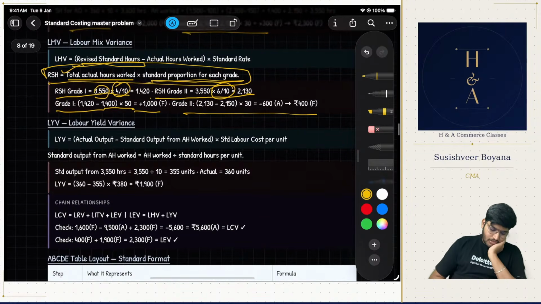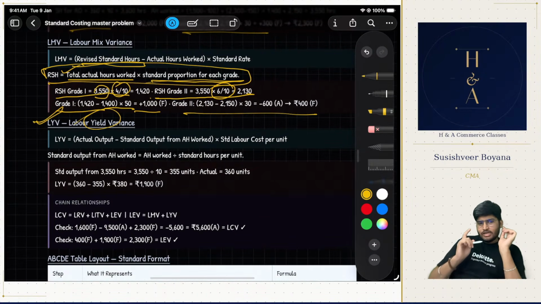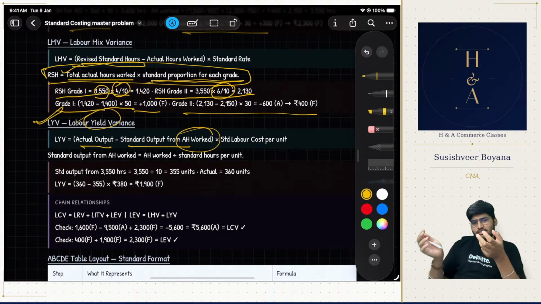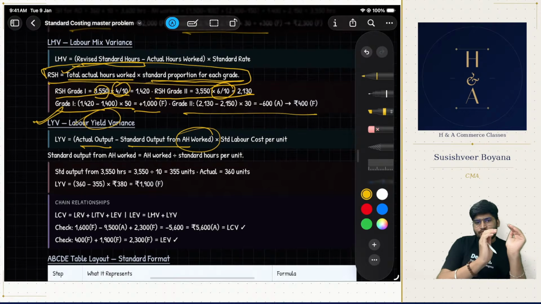Labor yield variance. When we're talking about yield, it is always based on output. We already spoke about it. Yield is always for the output. Actual output minus standard output from actual hours worked. Whenever you're calculating yield, should we include idle time? No, right? Idle time, they're doing nothing. That means those specific hours are producing output of zero.